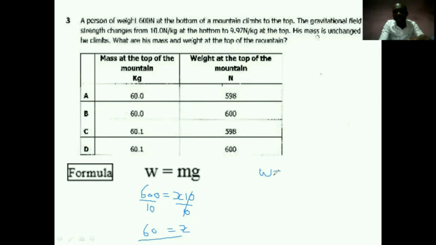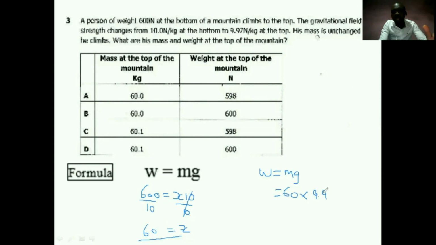Weight is equal to mass times acceleration due to gravity. The mass will not change. The mass will remain 60 kg. You multiply 60 by, the question says the gravity at the top of the mountain changes to 9.98.